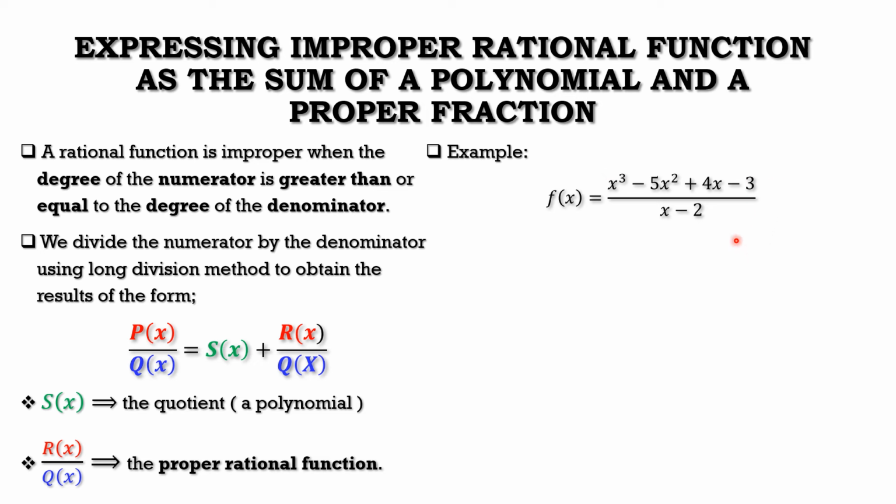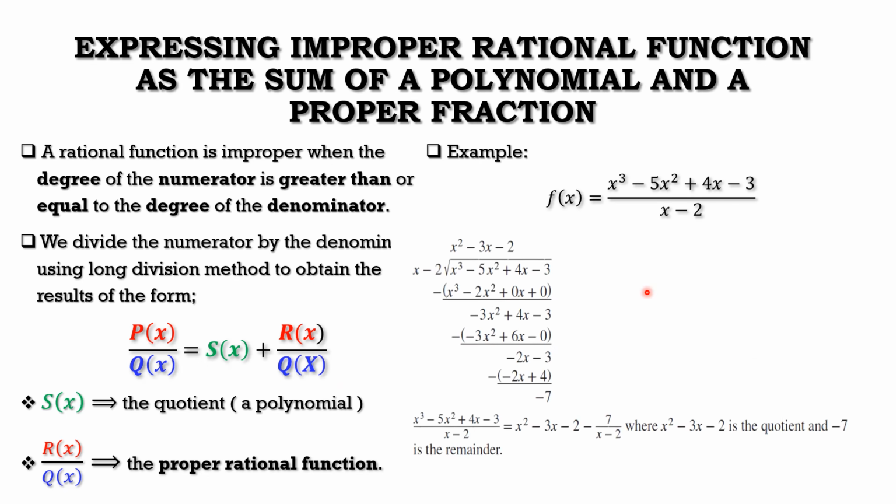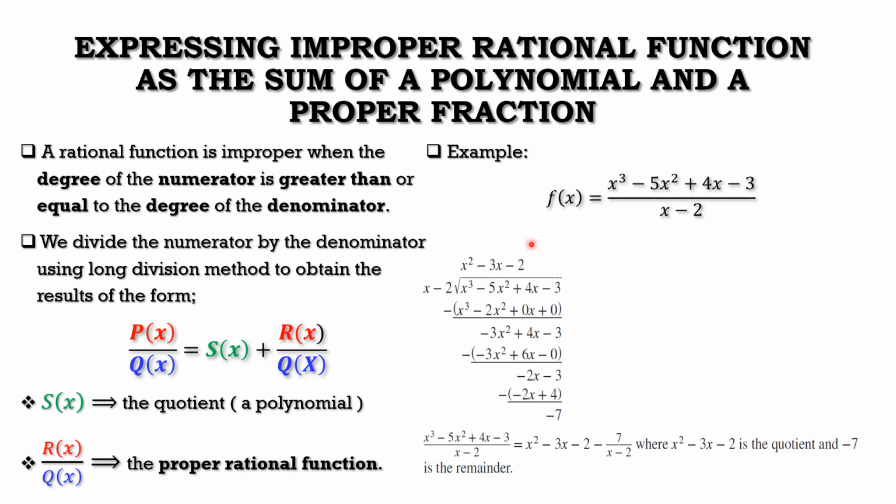So if we want to express this as a sum of a polynomial and a proper fraction, that is, bring it to this particular format, then we have to use the long division method of polynomial division. So here, the long division can be done in this particular expression. We write the dividend here and the divisor at the back.